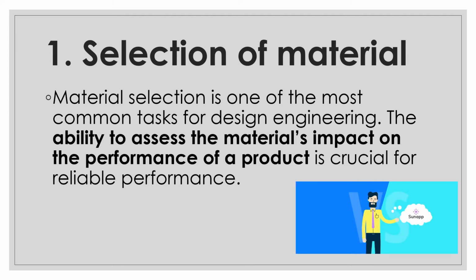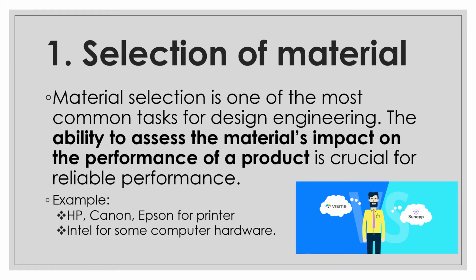For you to be able to understand it, I'm going to give an example. If you are going to buy a printer, the most common brands that we are going to buy are HP, Canon, and Epson.